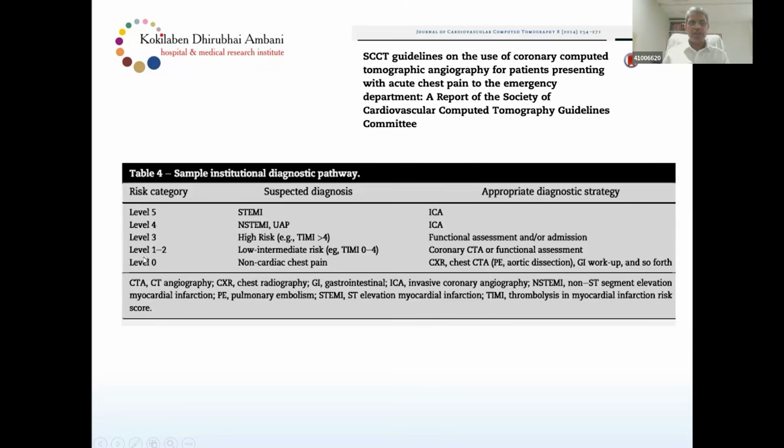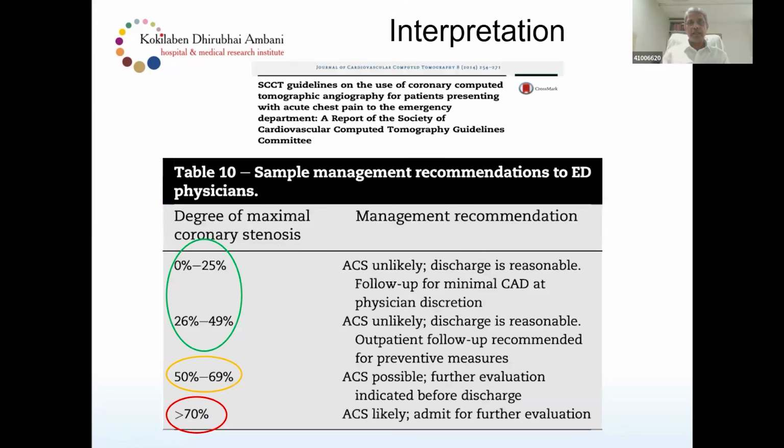But all the other patients having risk levels 3, 2, 1, and 0 should undergo CT coronary angiography. And they have also laid down the degree of maximal coronary stenosis. They say mild if it is 0 to 49%, moderate if it is 50 to 69%, and severe if it is more than 70%.